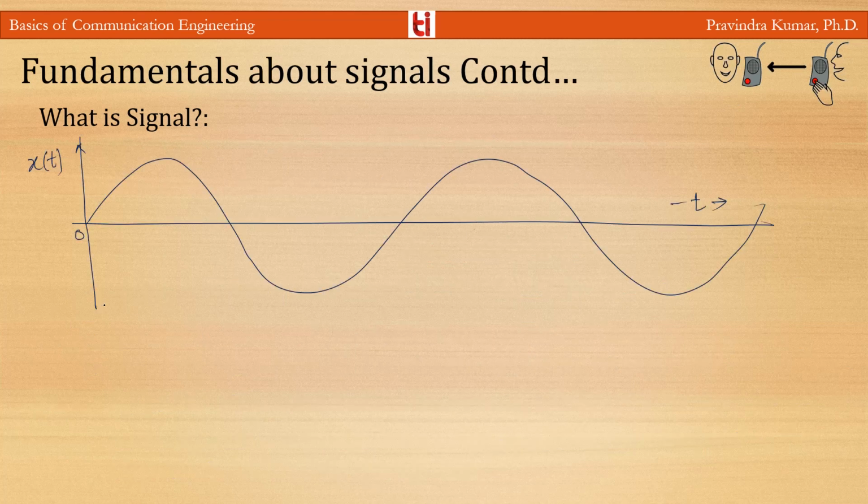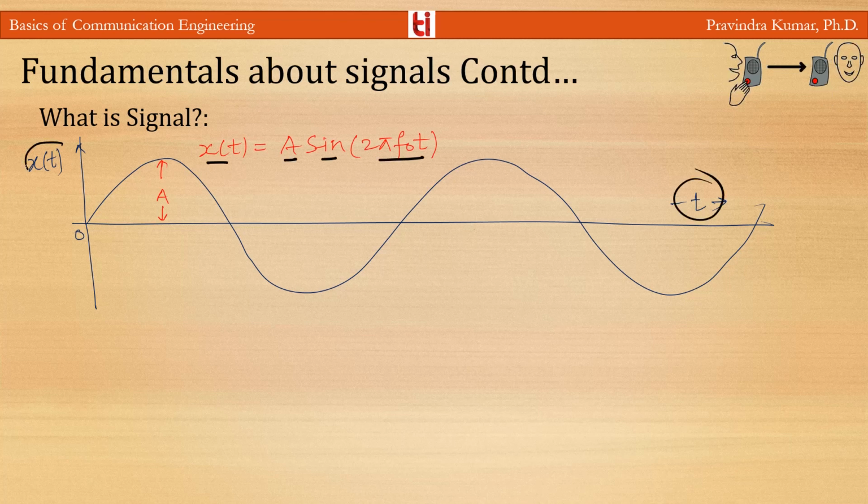So you can see this is the analog signal and this is the amplitude, and here the signal x(t) can be represented as sin(2 pi f0 t). On the x-axis this is time, and on the y-axis this is the amplitude of the signal x(t), and its maximum value is A. The time period is where this signal completes one cycle.